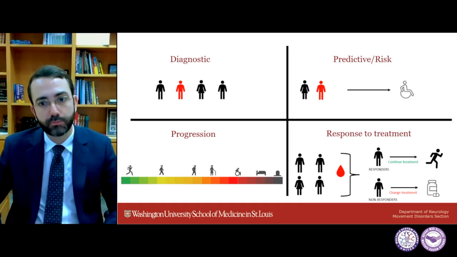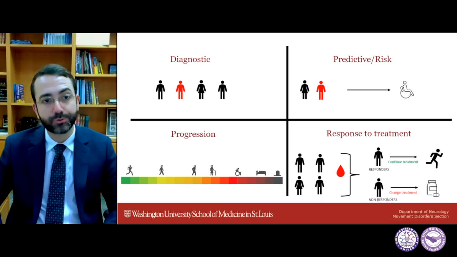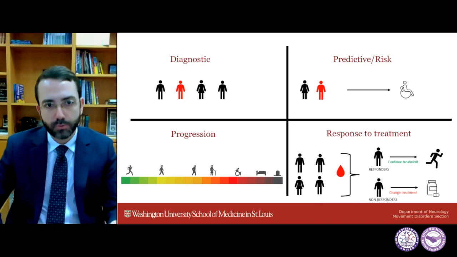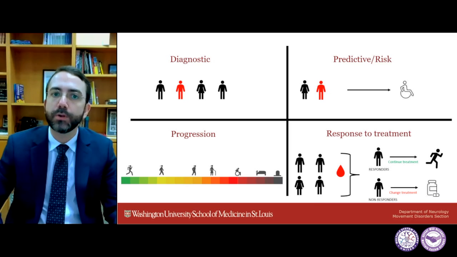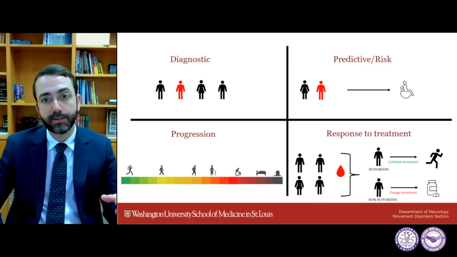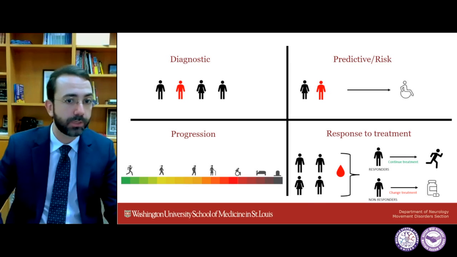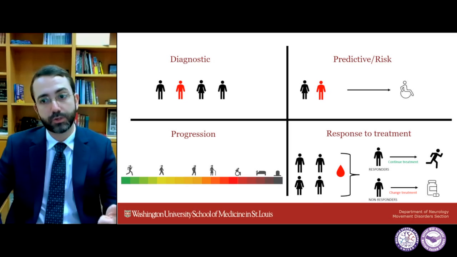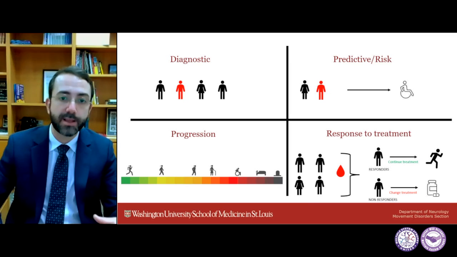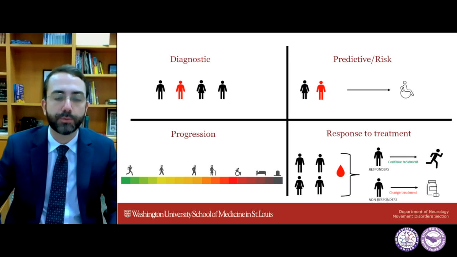A different type of biomarkers are those that can track clinical progression, meaning depending on the level of biomarkers, we can identify which patients are going to progress faster or perhaps develop symptoms like requiring a wheelchair, or perhaps patients that might die faster compared to those who do not have a similar characteristic in terms of biomarker.